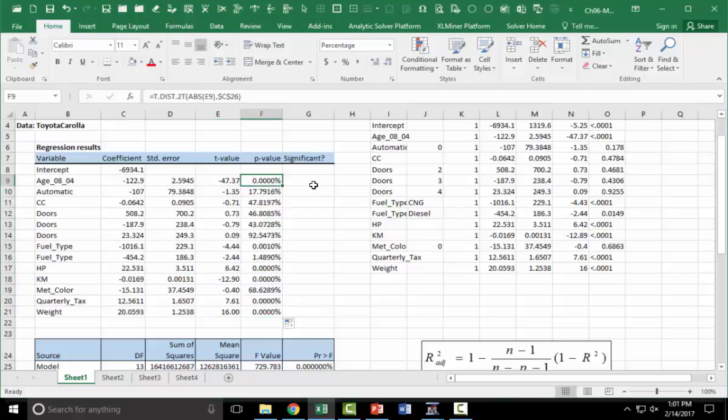So from here we can say which ones are significant. We can set up an IF function for that, but I'm just going to type that. Okay, these are the ones that are significant of these.